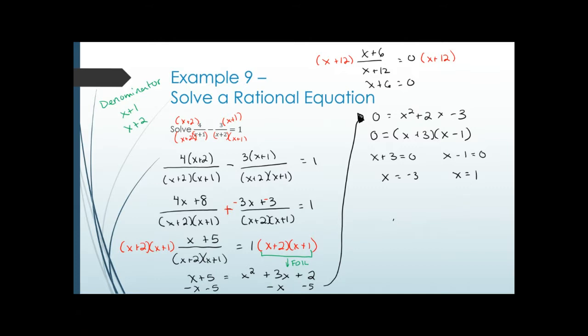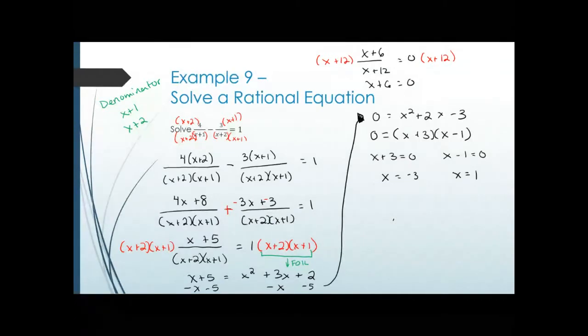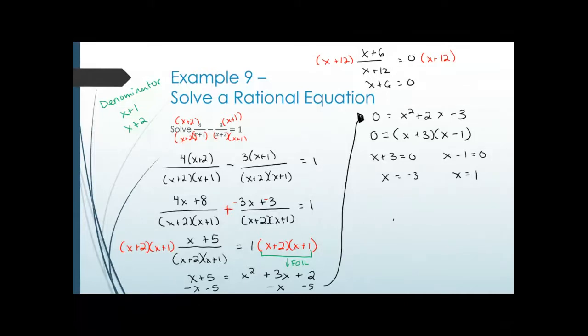Negative 3 plus 2 gives me negative 1, so that's still not 0. If I plug in x equals 1, 1 plus 1 is 2, and 1 plus 2 is 3. So neither of my values for x make the denominator 0, so I can't exclude those. Both numbers work.